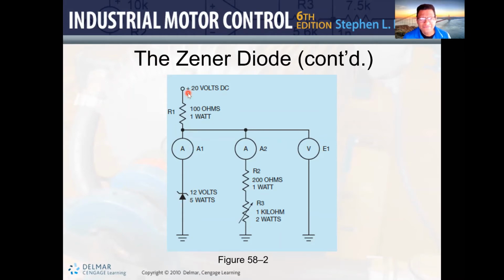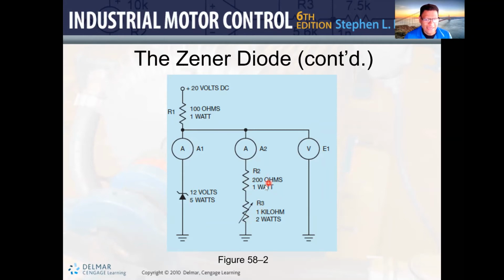The input voltage of the source has to be greater than the Zener voltage of the Zener diode. In this instance, we have an ammeter here that we are going to call A1, because we want to be able to observe how much is going to be the current through the Zener diode and how much is going to be the current through our load.